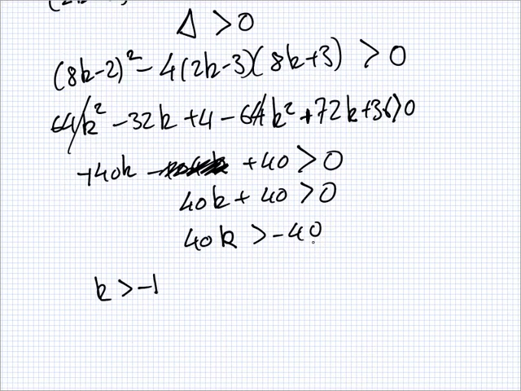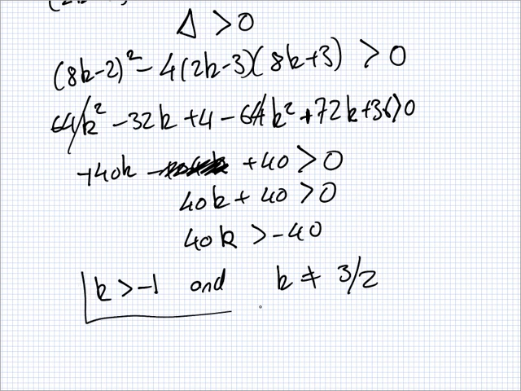Now I can't say k is bigger than minus 1 because there's a value of k I'm not supposed to use. So I need to qualify my answer. I need to say k is bigger than minus 1 and k is not 3 over 2. So in other words, anything bigger than minus 1 but excluding 3 over 2. So this is technically the full answer here.